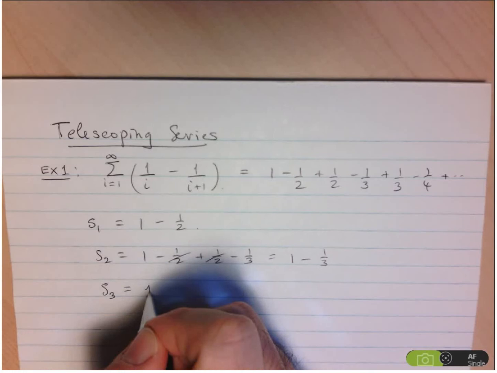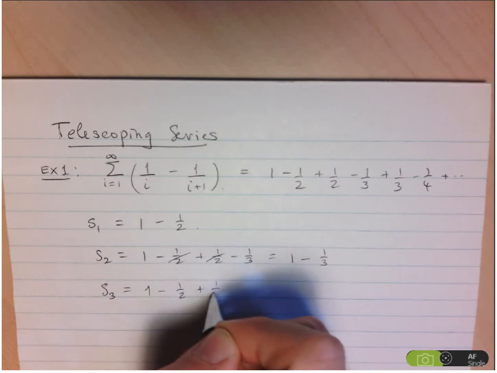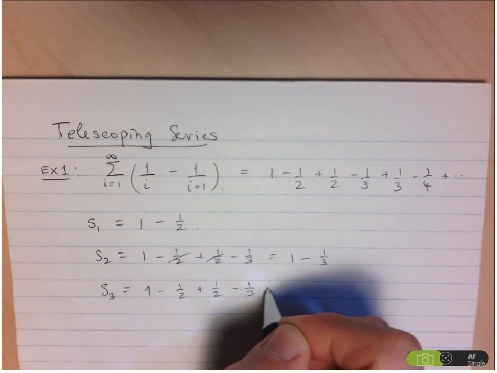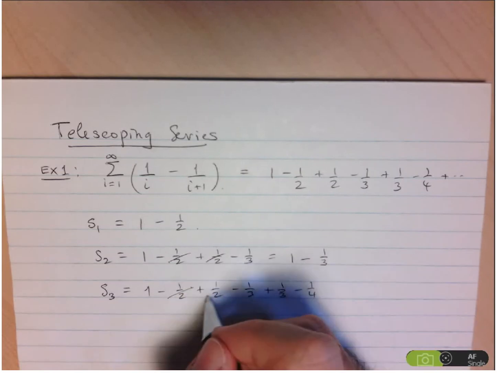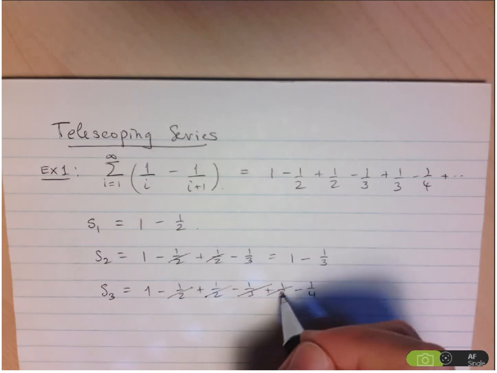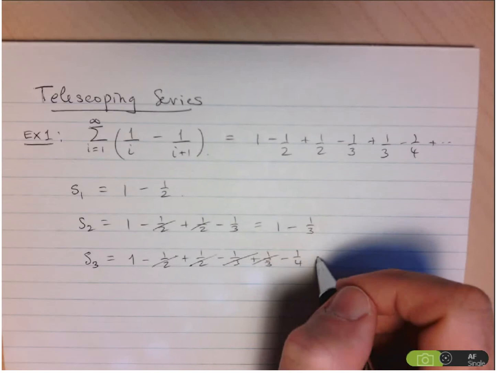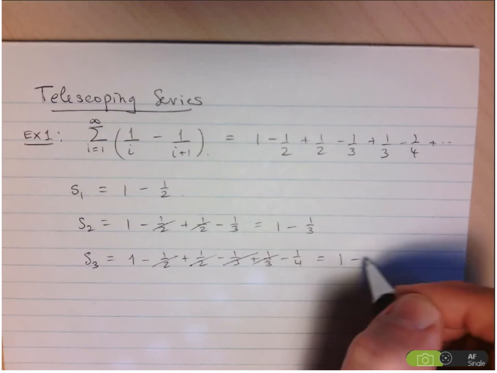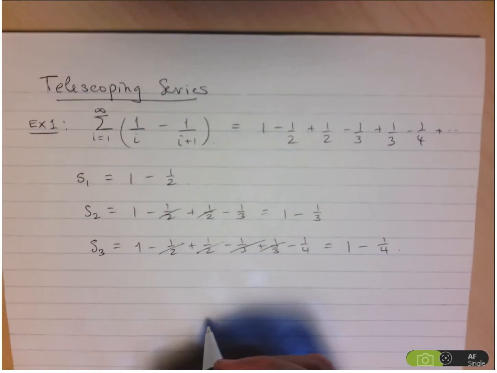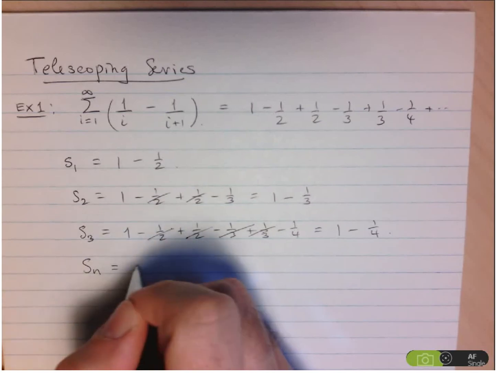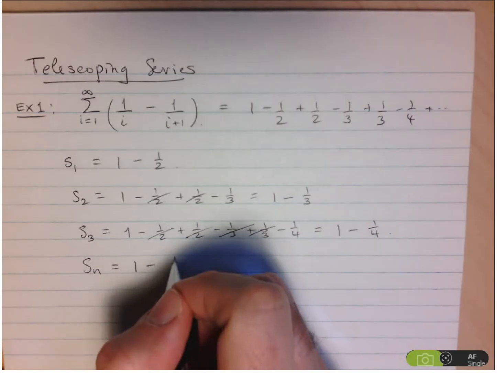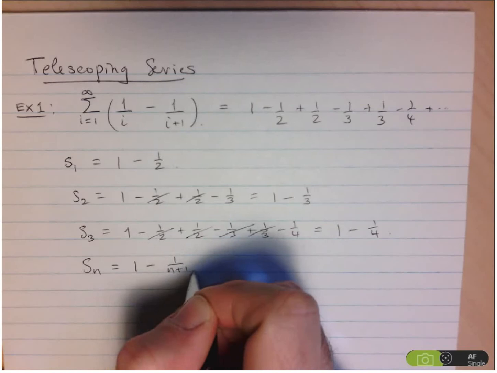And then let's go one more. S3: we have 1 minus a half plus a half minus a third plus a third, and then minus 1 quarter. Again, all these middle terms cancel out. We're always left with the first and last term, so we're left with 1 minus 1 quarter. Now that we see the pattern, we can say that Sn will be equal to 1 minus 1 over n plus 1.